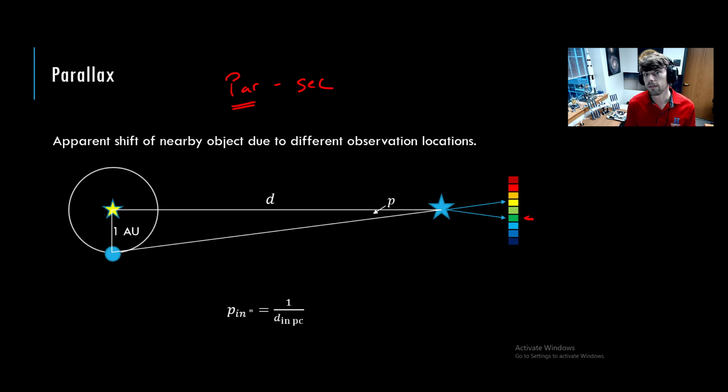So quantitatively, I've got an equation here, and they're inversely related. The apparent shift of the object in arc seconds is inversely proportional to the distance to the object in parsecs. So this is how we quantify it. And notice this is a non-SI unit. So I'll put that down here, non-SI units.